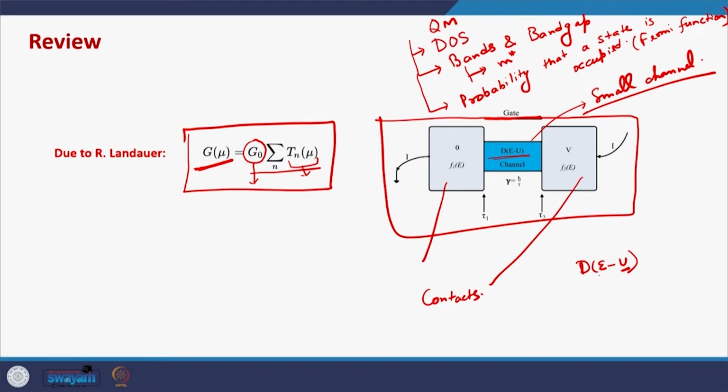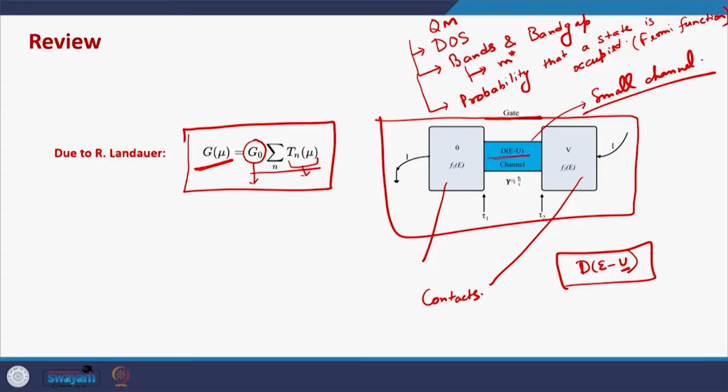in the channel is written as D(E minus U) essentially, where U is the potential because of the other interactions, or because of the potential energy of the electron because of its interaction with other particles in the surrounding, or it might be the modification in energy of electrons because of the voltage applied on the third terminal, the gate terminal essentially.